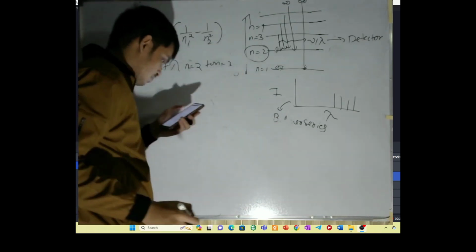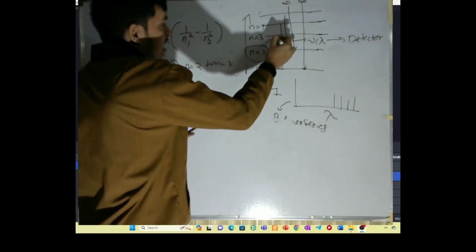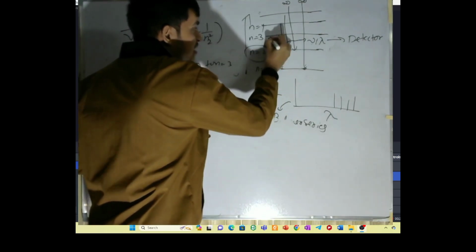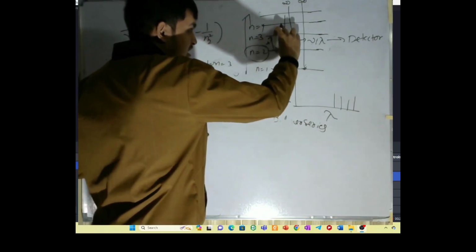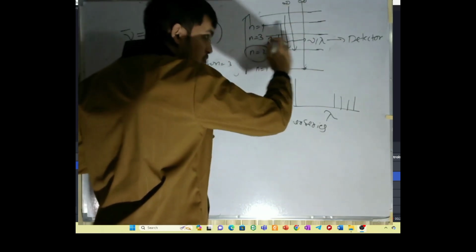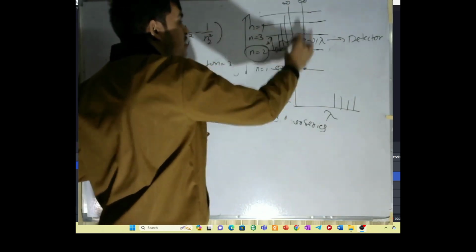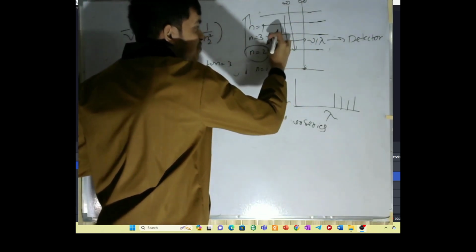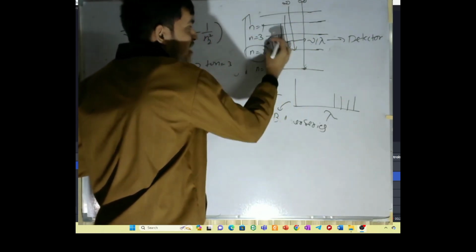See, n is equal to 3 to n is equal to 2. Here energy is minimum. In this case energy is more, in this case energy is more, and so on. So as we move from this to this, energy always increases. But in this case the energy gap is minimum.